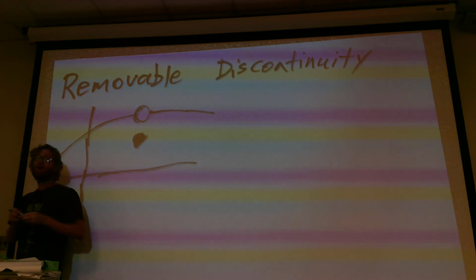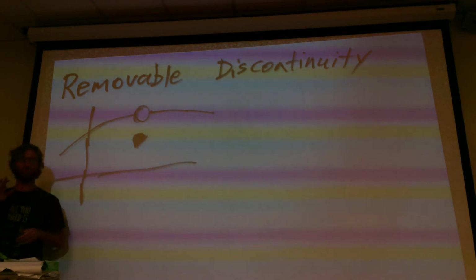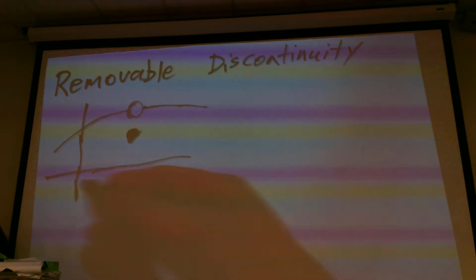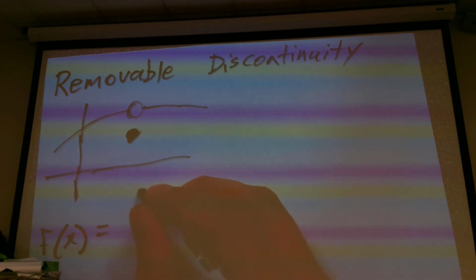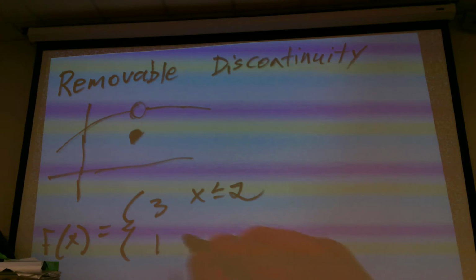Okay. A bigger problem is also a problem that I was showing you last time, which is, say, f of x would equal, say, 3 if x is less than or equal to 2, and 1 if x is greater than 2.